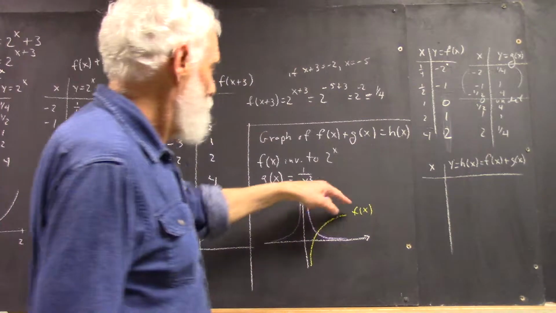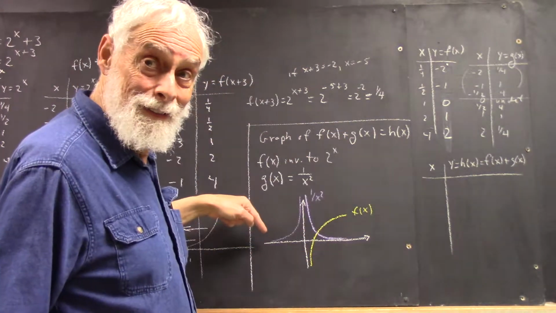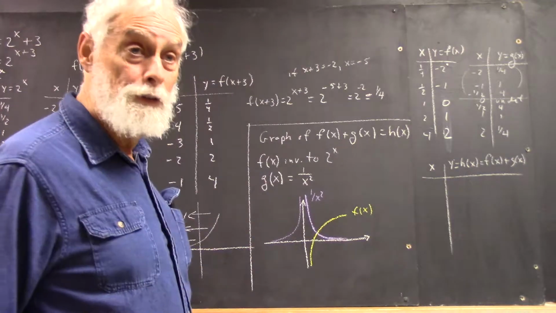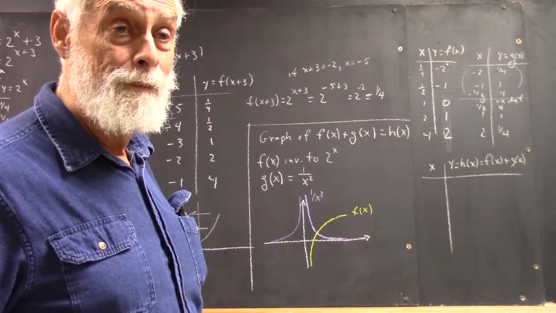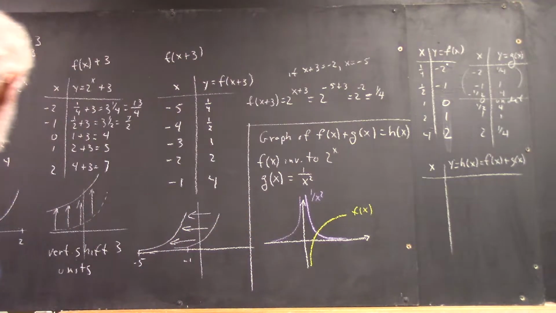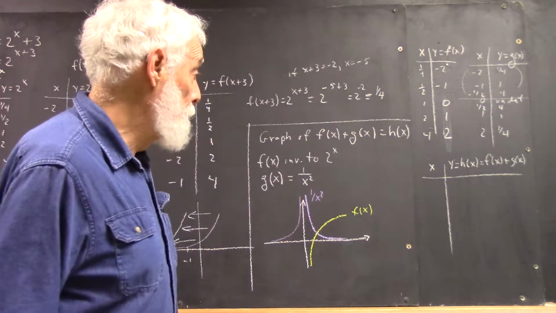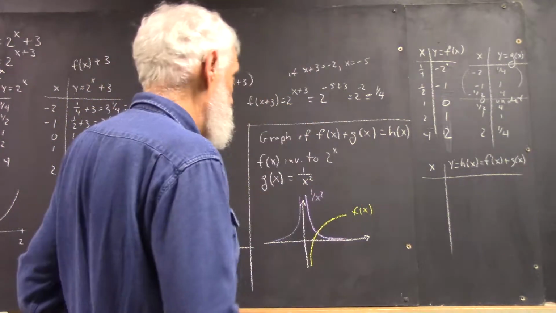Okay. Now, this function never gets to 0 because of the exponential function. That's why they made it inverse, because you can't use the 0. Because this function never reaches the x-axis, the inverse is never going to reach the y-axis. Okay? Then you have to think through that.